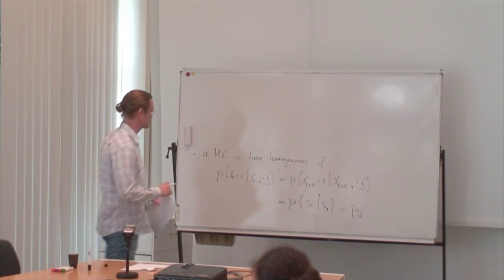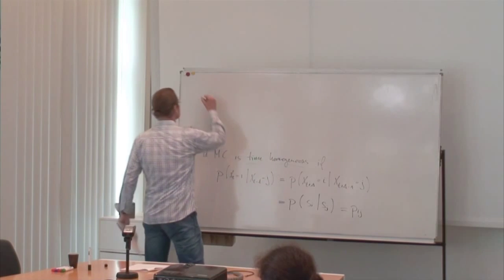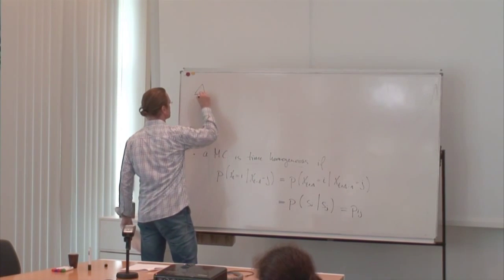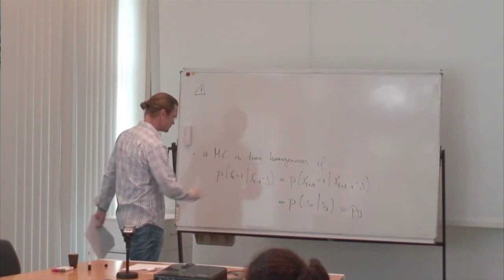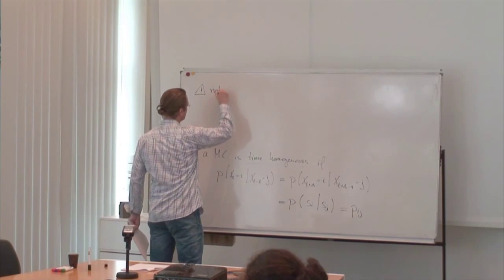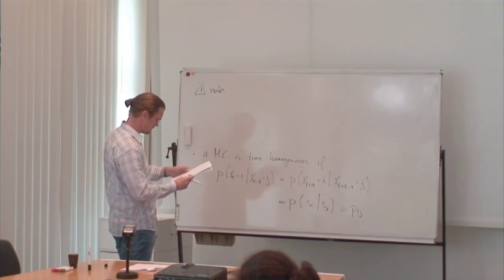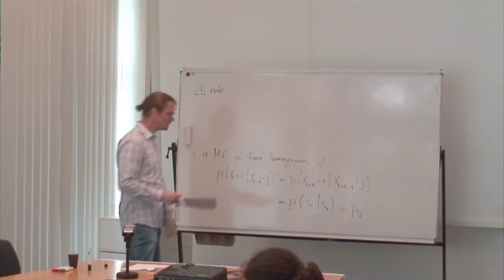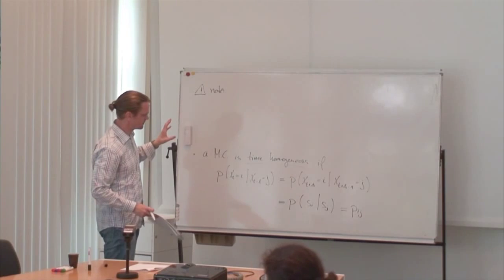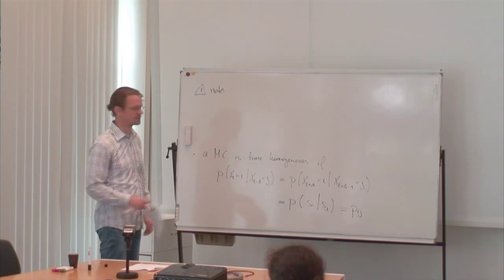I'm just ahead of myself. I'll come back to that in a second. If it's only these transitions from one state to the other, we can think of Markov chains in yet another graphical representation.